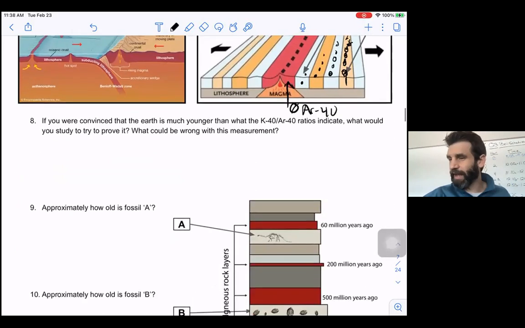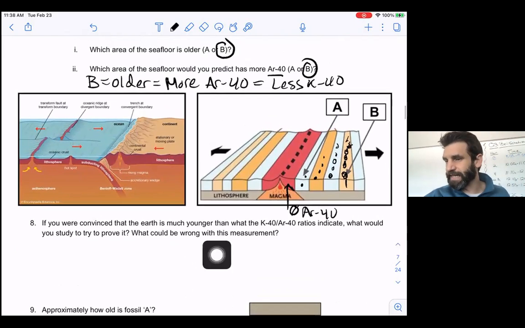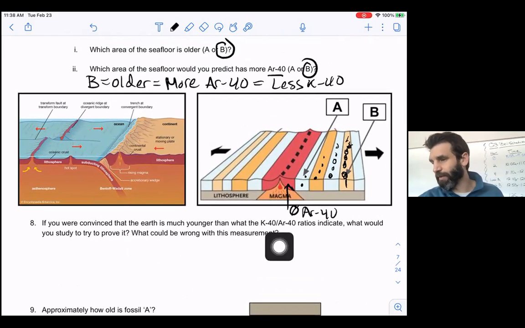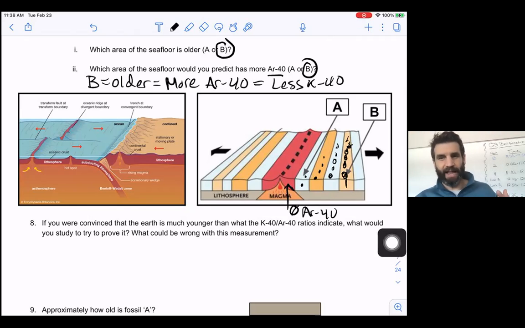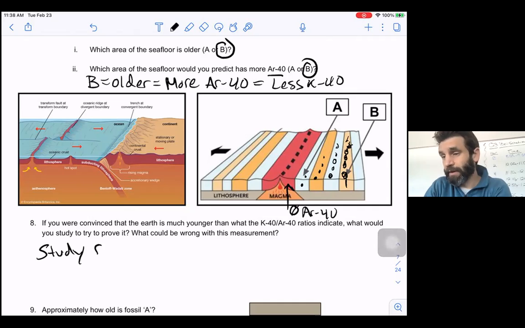So if you were convinced that the Earth is much younger than what the potassium 40, argon 40 ratios indicate, what would you study to try to prove it? What could be wrong with this measurement? If you were convinced that the Earth is much younger than scientists are predicting, then you should study radioactive decay of potassium 40.